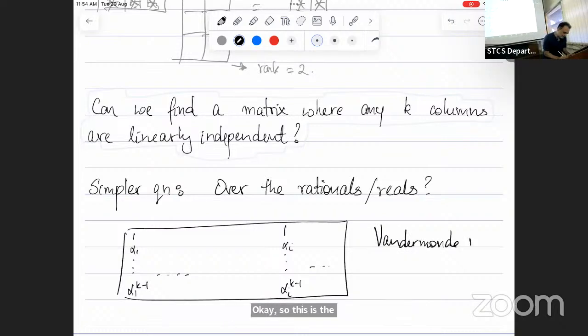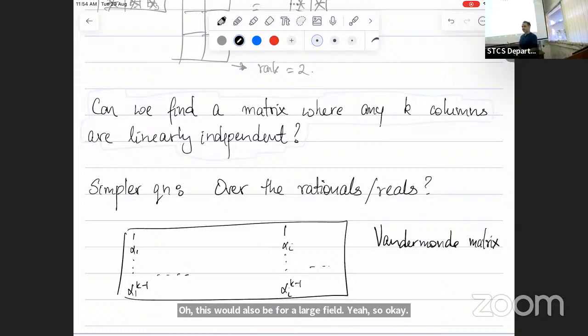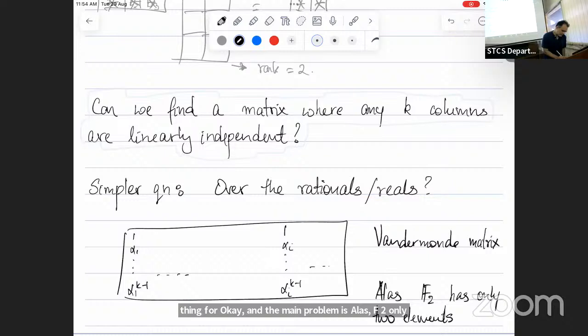This would also be true for a large field. So the natural thing is, why not use the same thing for F2? The main problem is, alas, F2 only has 2 elements. But this is a matrix that we should try to get towards.